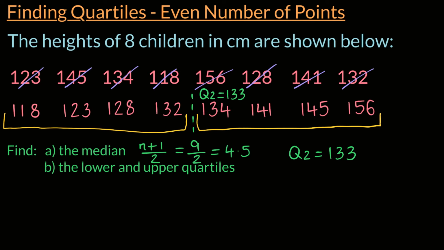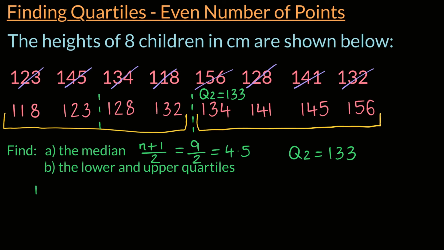Now we're going to try and find the median of the lower half and the median of the upper half to find our quartiles. The median of the lower half will be in between 123 and 128. So those numbers are not as nice as what we might have been used to before. And the way to find that, if we're not sure, is to add the two numbers together and half them. And that will give us the midpoint, or effectively the median between those two numbers.